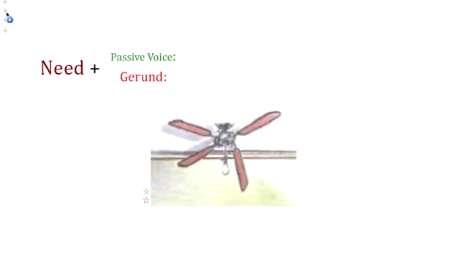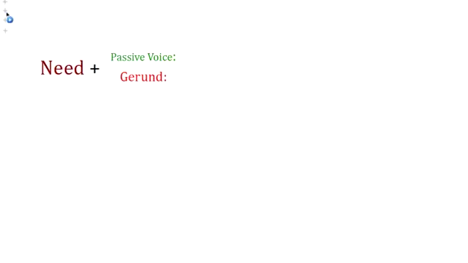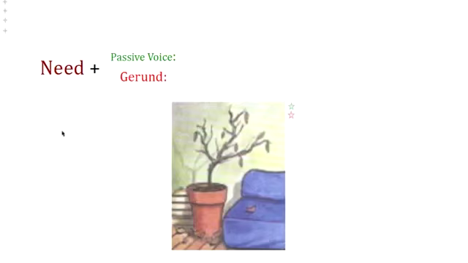Okay, let's look at another one. Alright, so here we have the plant. If you remember the plant, right? We could say in the passive voice, what needs to be done? Right, the plant needs to be watered. So if you're thinking, wait, what is watered?